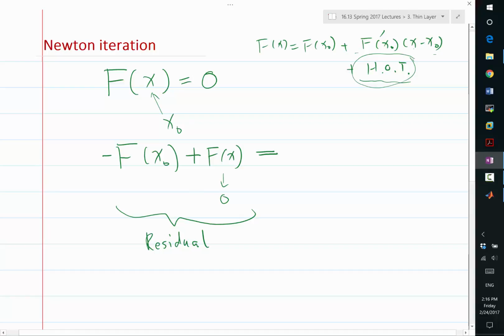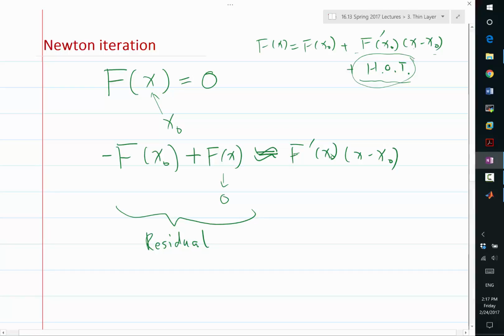So this minus this is simply going to be f prime of x0 times (x minus x0); I can approximate it with this minus this. Here the f prime is a matrix, a square matrix.